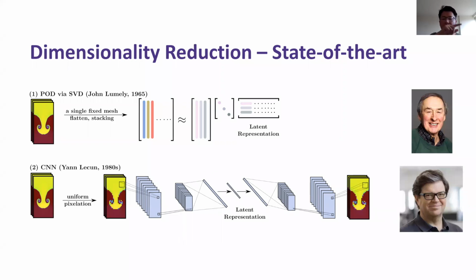Think about a triangle wave moving from left to right. Your computational domain is 1D, and it's nothing but a triangle wave moving from left to right, the simplest thing you can think about in fluid dynamics.